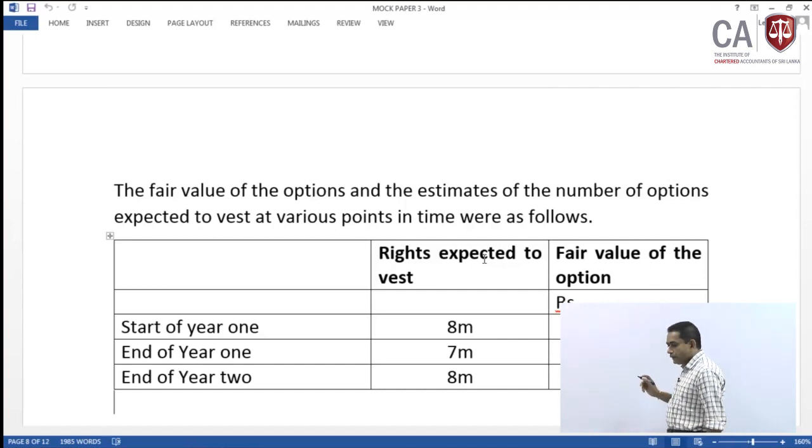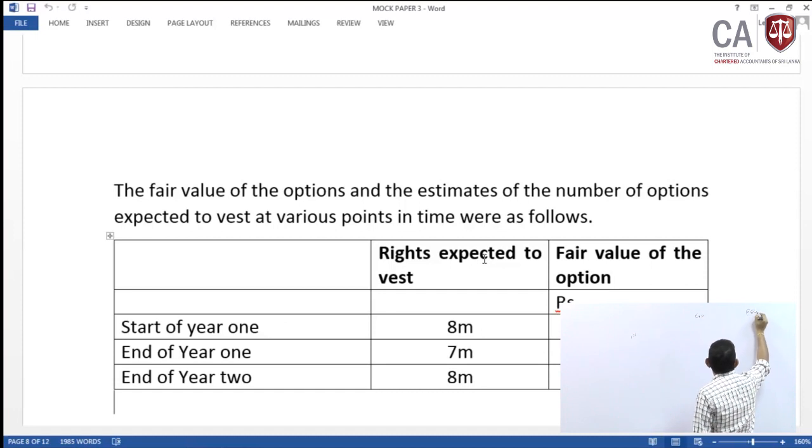Now, the vesting term is 3 years. In the first year, you should recognize expenditure plus equity. In the second year also, you should recognize expenditure plus equity. In the third year also, expenditure plus equity.